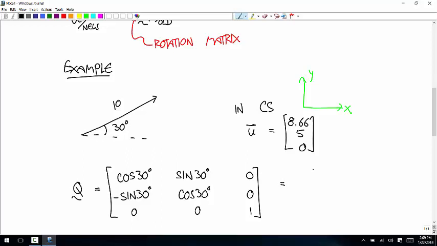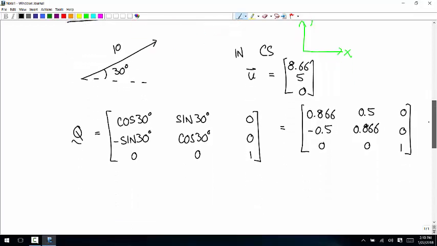Calculate that out and you get the elements 0.866, 0.5, 0, negative 0.5, 0.866, 0, 0, 0, 1. Yes, those are just decimals.